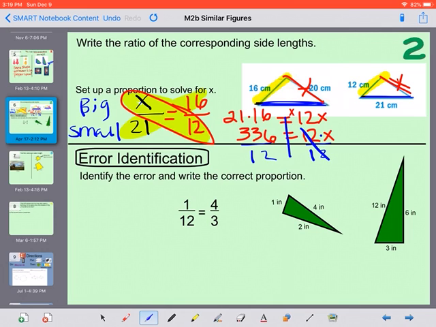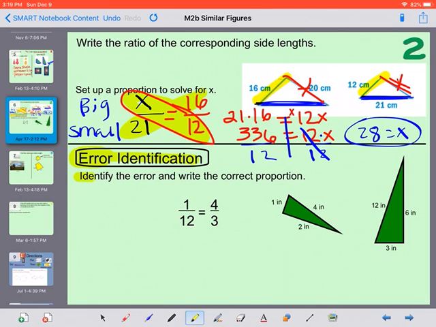And we would get 28 equal to x. X is 28. Which makes sense that it's larger than the small triangle, which has a side length of 21. It didn't technically say to solve it, it just said to set one up. And we did that.